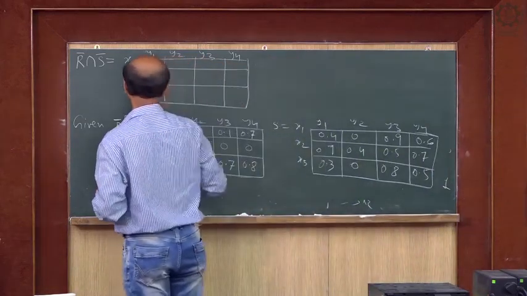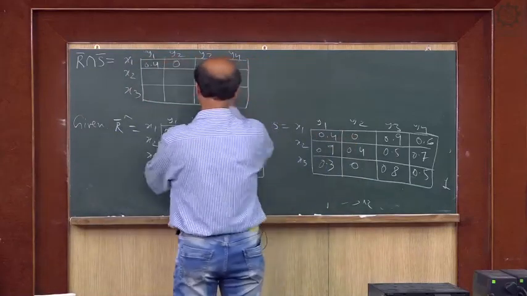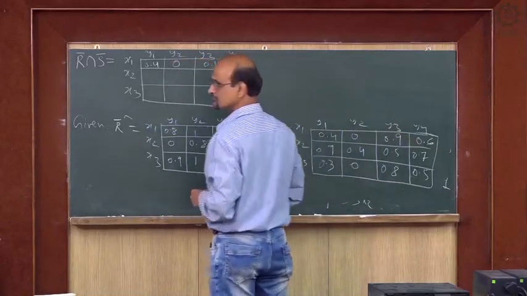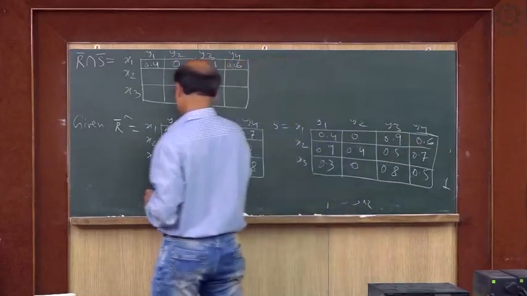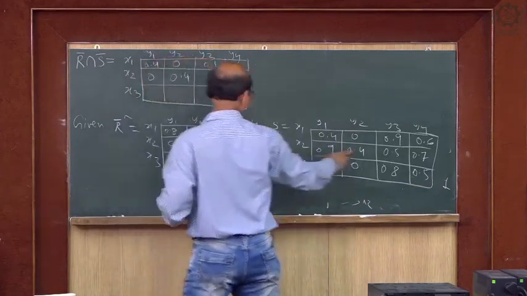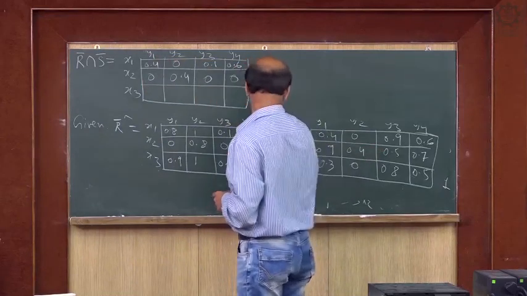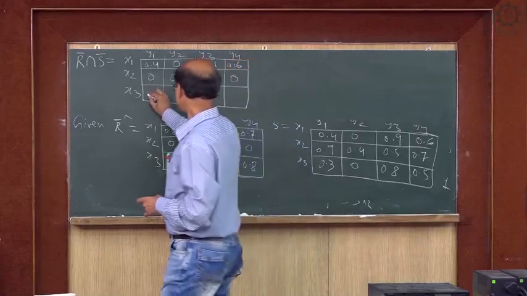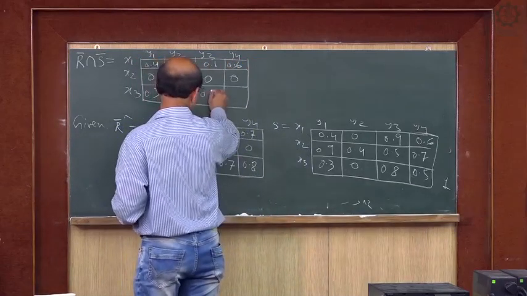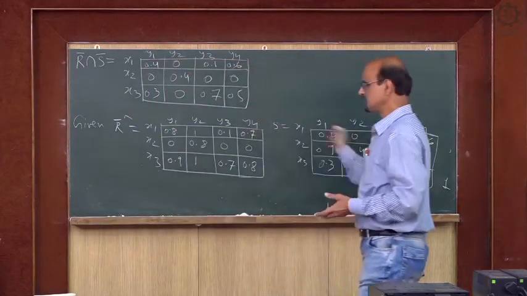So you can yourself complete the rest: 0.9, 0.1, 0.7, 0.6, and so on. Just take the minimum.